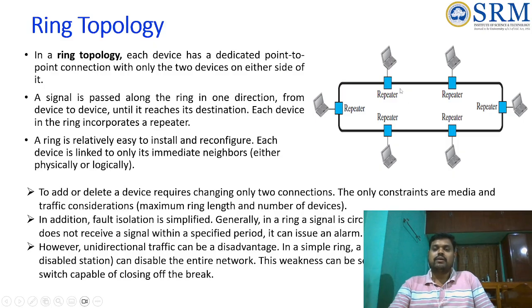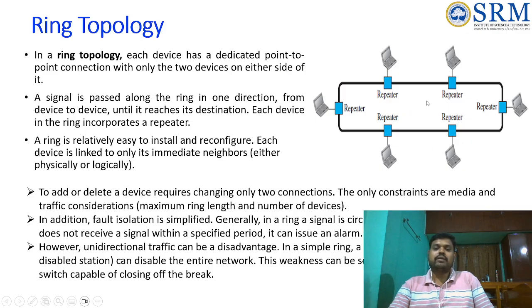If you look at any device, it has only two connections, one on the right-hand side and one on the left-hand side, so that it forms a ring structure. So it has only two connections at any point of time. Signal is passed in one direction from one device to another until it reaches the destination device. So data will move in only one direction.